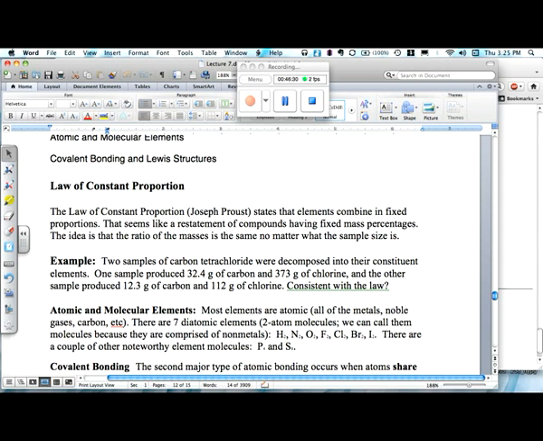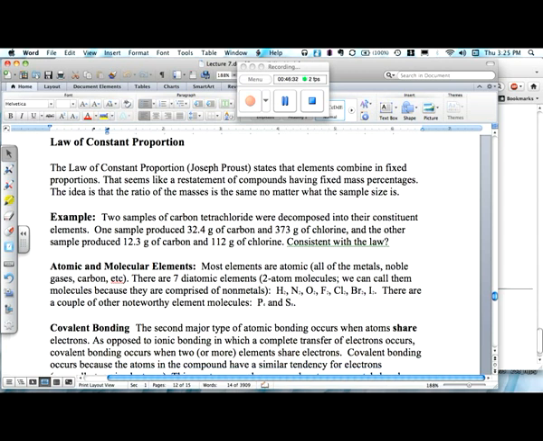2 samples of carbon tetrachloride were decomposed into their constituent elements. One sample produced 32.4 grams of carbon and 373 grams of chlorine, and the other sample produced 12.3 grams of carbon and 112. So do you have the same percentages of the elements?